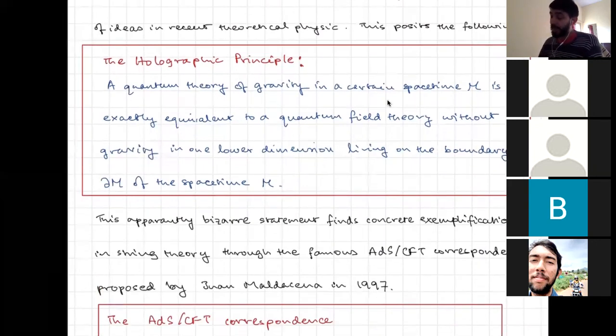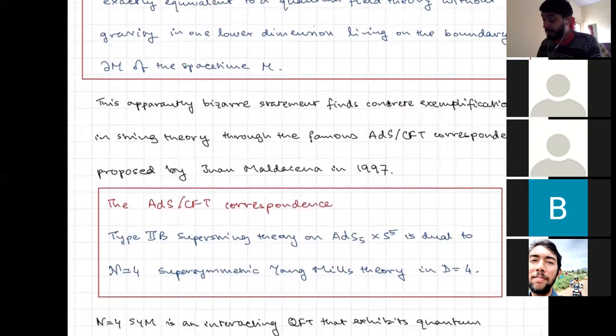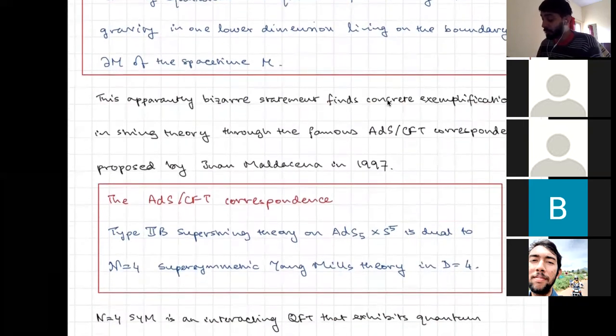Now, what happens is that this apparently bizarre statement is actually exemplified in string theory through what is called the AdS/CFT correspondence that is due to Juan Maldacena in 1997. So what does this say? The AdS/CFT correspondence says that type IIB superstring theory on AdS5 × S5 is dual to N=4 supersymmetric Yang-Mills in D=4.